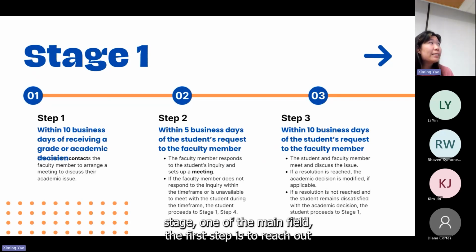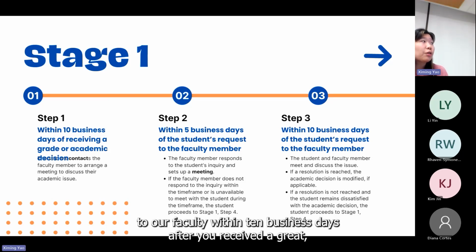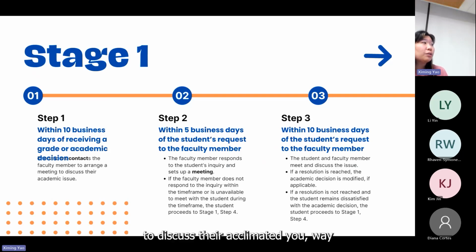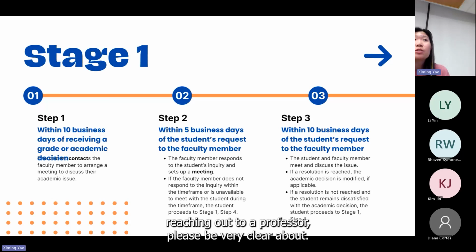So in stage 1 of the academic appeal, the first step is to reach out to your faculty within 10 business days after you receive the grade. The students contact the faculty member to arrange a meeting to discuss their academic issue. When reaching out to your professor, please be very clear: I would like to initiate an academic appeal.